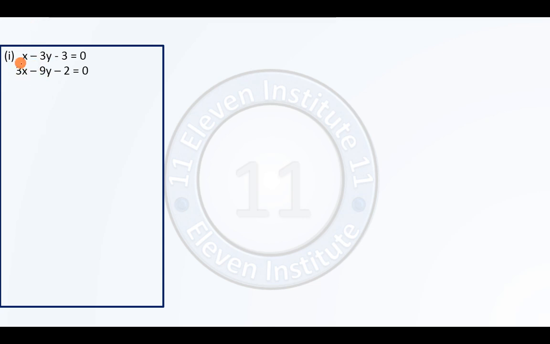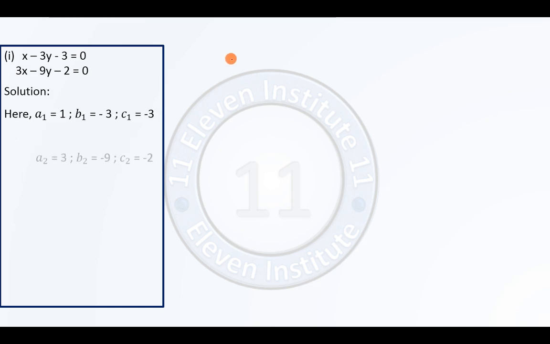This is multiplied by 3, this is also multiplied by 3. Now minus 3 multiplied by 3 should be minus 9, but here I have minus 2. It means that a1 upon a2 is equal to b1 upon b2, but it is not equal to c1 upon c2. This is the condition for parallel lines, which means that both lines do not have any unique solution because they are parallel.